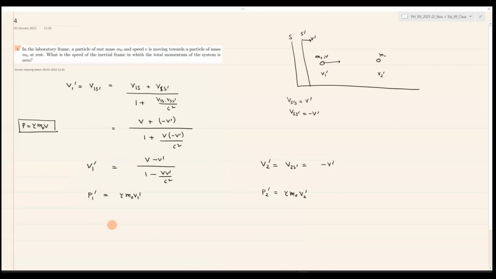Now p1 prime plus p2 prime is equal to 0. Let us suppose p1 prime is along this direction and p2 prime is along this one, so it will come out to be minus here. So finally our expression will look like this.